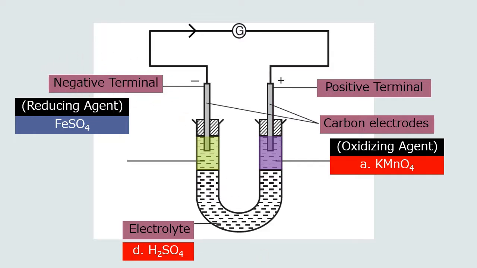So we know that the electron flow will be from the negative terminal to the positive terminal.